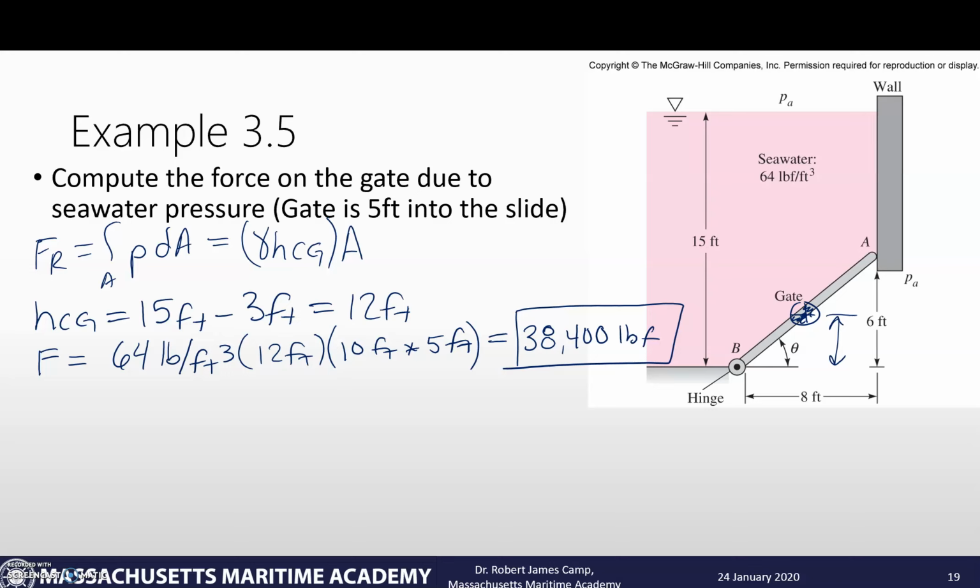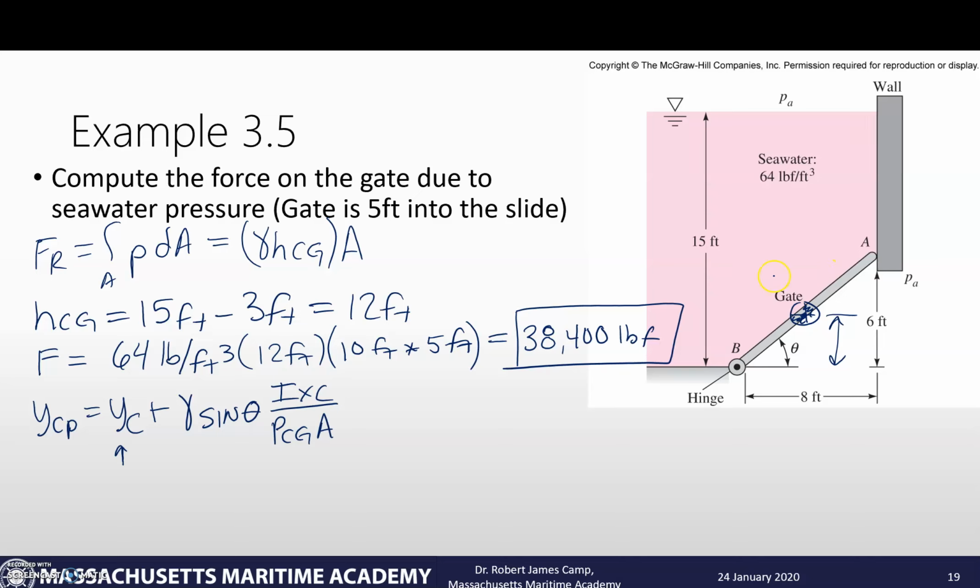Now the next thing is, where is that centroid located? YCP is equal to YC plus gamma sine theta IXC over the pressure at the center of gravity times the area. Once again, this is the formulation of the equation from your engineering equation manual. The only difference between this and the book is the introduction of that y sub c.